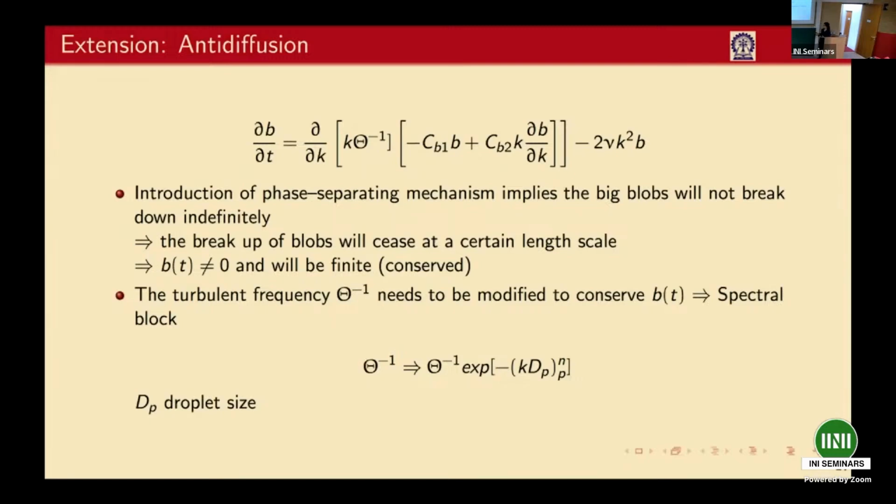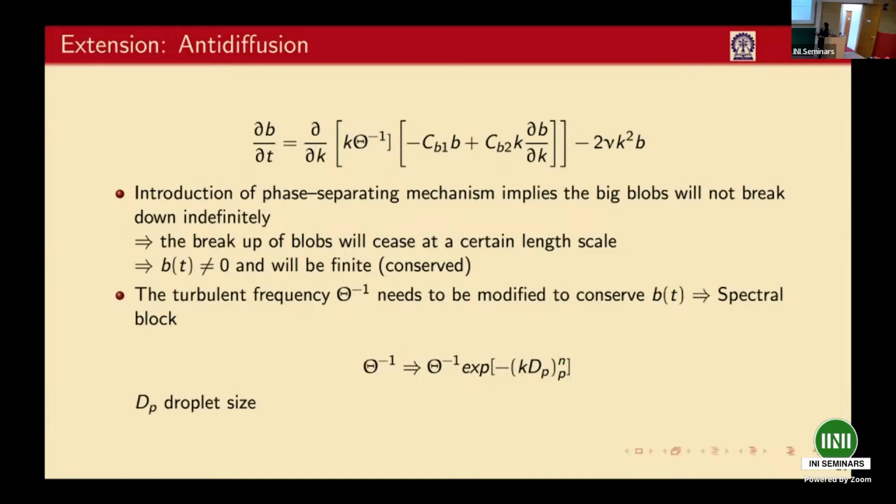But we can stop the mixing at a certain length scale, provided there is a spectral block in the B equation. Because just setting the viscosity to 0 won't stop the mixing, because the cascade is there already. So we need to stop the cascade if we need to define a phase separation kind of a thing.